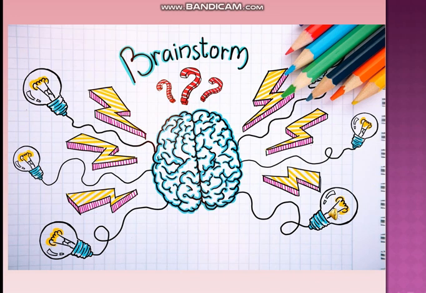So, after knowing the meaning of comparison and contrast, now, how can I write an essay about comparison and contrast? Actually, we have something called brainstorming. Brainstorming is a good technique, a good strategy in writing. Before writing any paragraph or any essay, you should brainstorm.